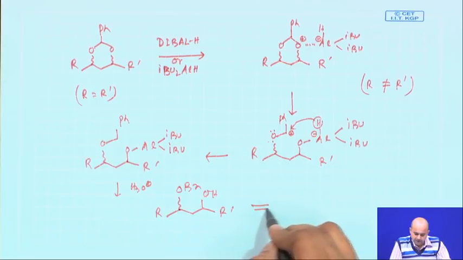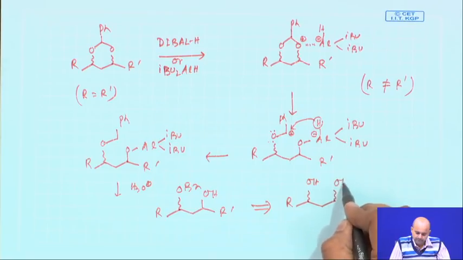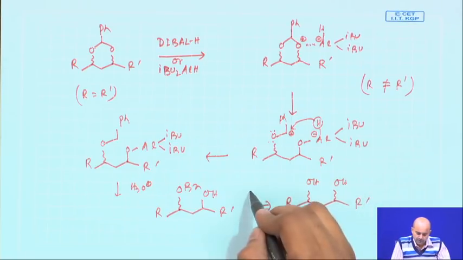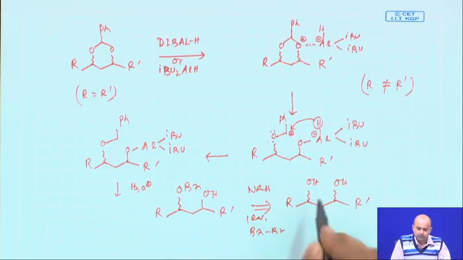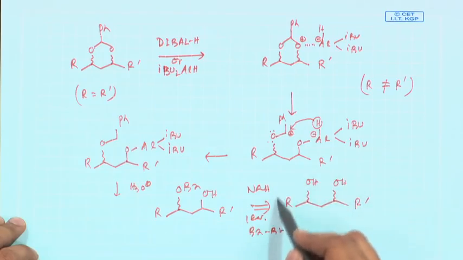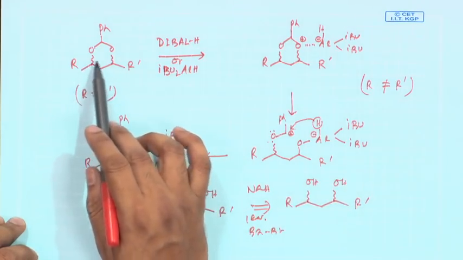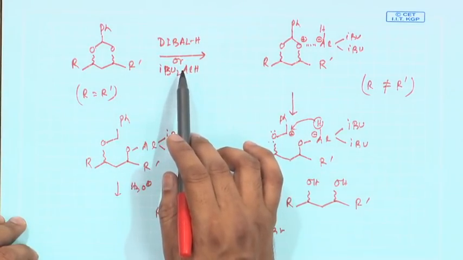In principle, this reaction you can also do if you have this diol by using sodium hydride and one equivalent of benzyl bromide, which you earlier said works if you have similar kinds of functional groups which are chemically equally reactive. But if you are not using the base, you can do the same kind of protection by using a different reagent system.